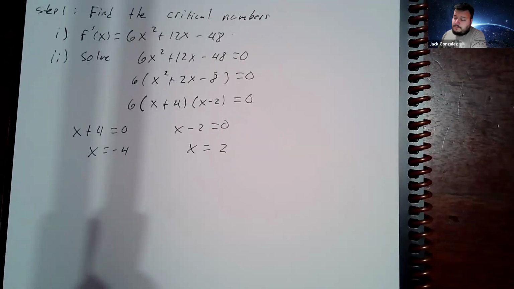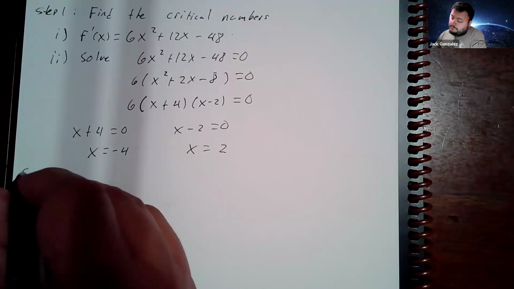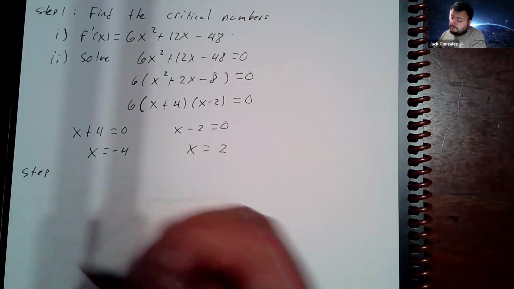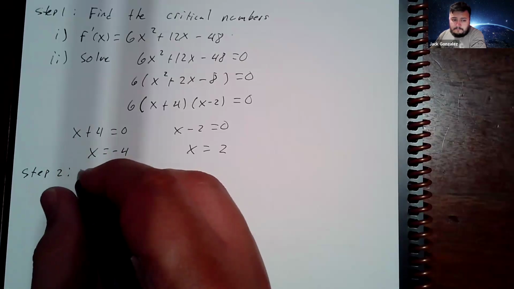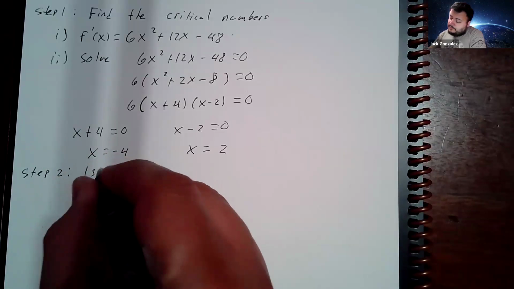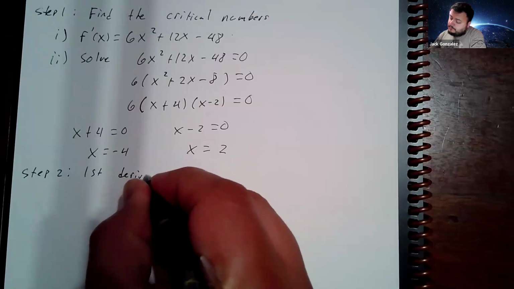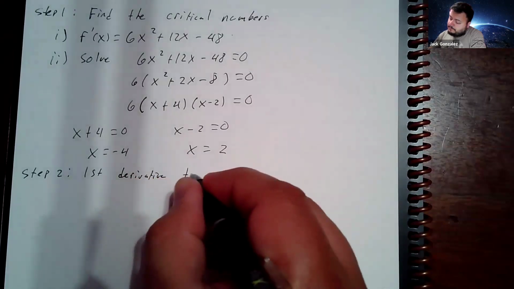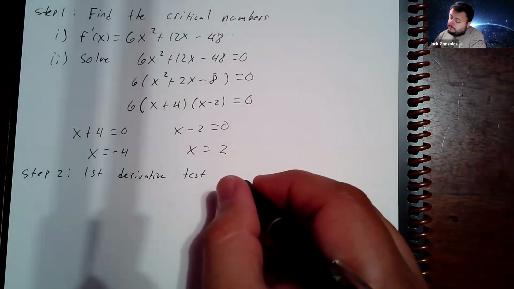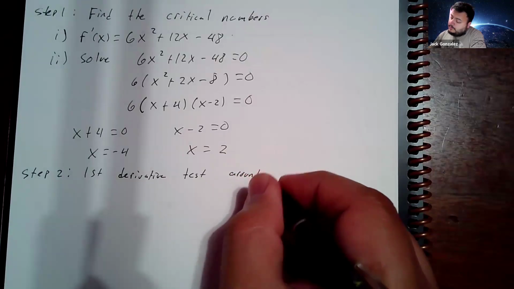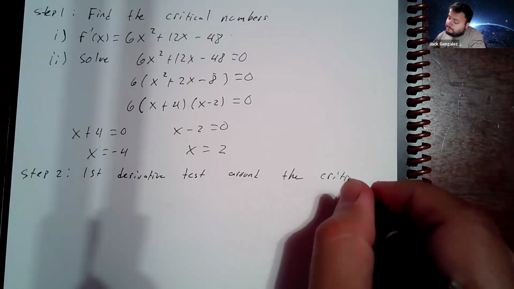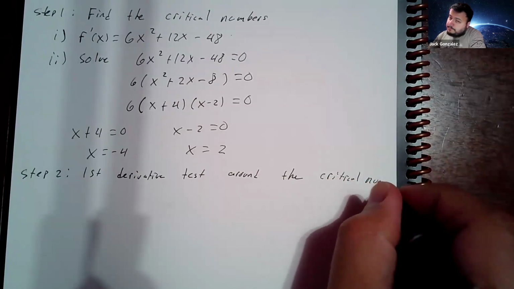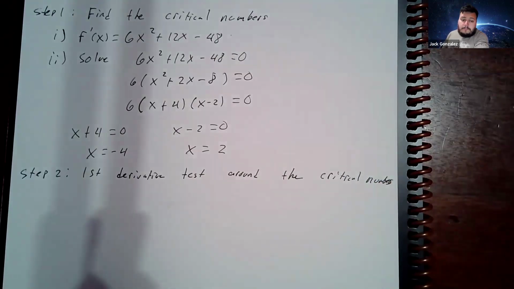Okay. Step 2. Do first derivative test around the critical number, or numbers. All right.